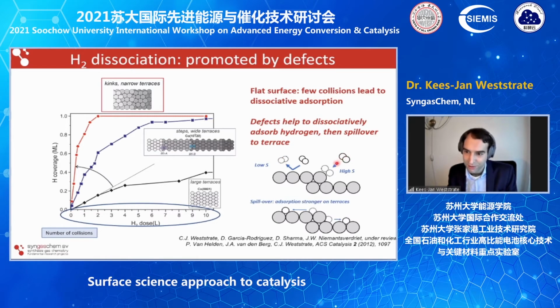So a lot of the hydrogen molecules will go to the step site, and there they will dissociate. But we know that the hydrogen at the step site doesn't bind so strongly. So after dissociation, they will diffuse away to the terrace, and then this is open again. So the next hydrogen molecule can come to the surface. And this is how we can fill up the whole surface quite efficiently when there are step sites available.